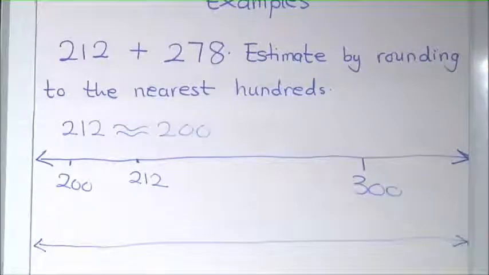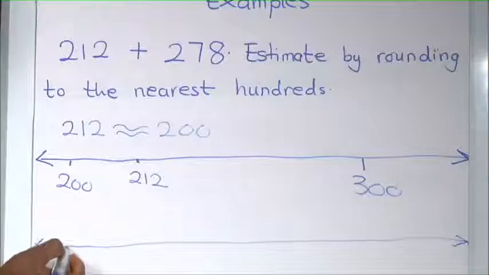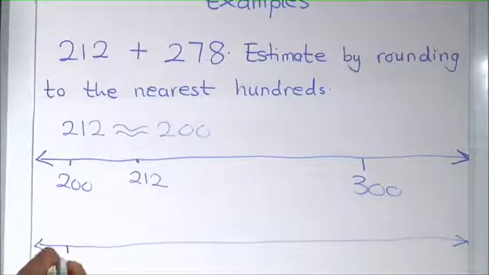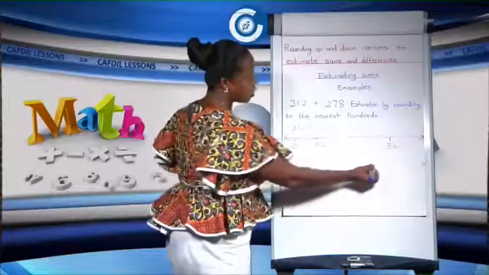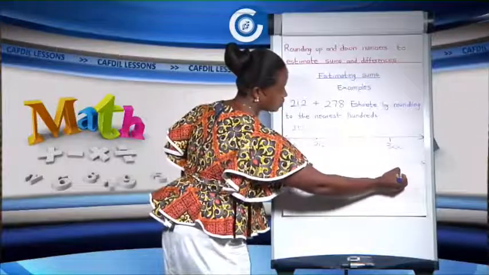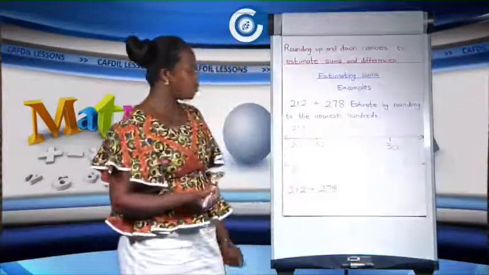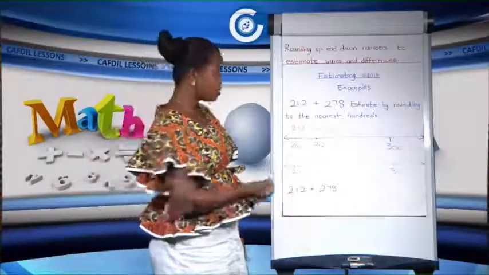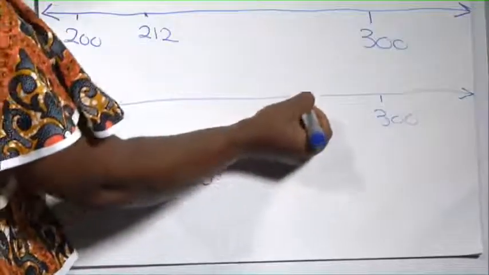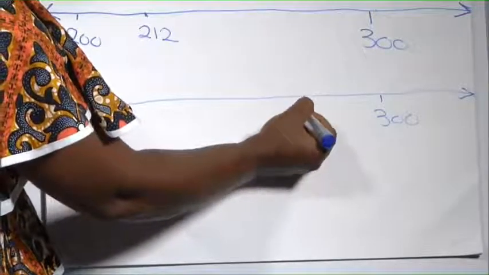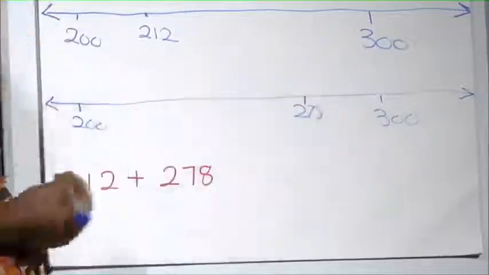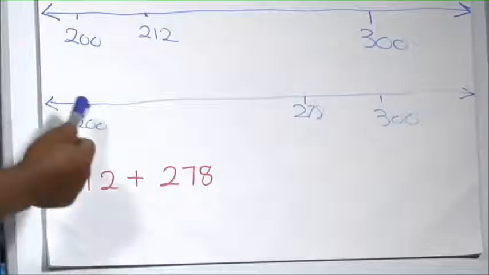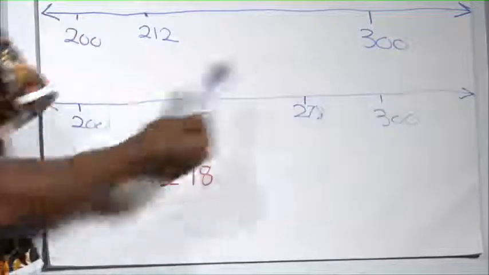We have 278. And again, 278 will be between 200 and then 300. So we are counting in hundreds. I'll start with 200. Now 300 will be somewhere here. Where will we locate 278? Look at these two numbers, 200 and 300.